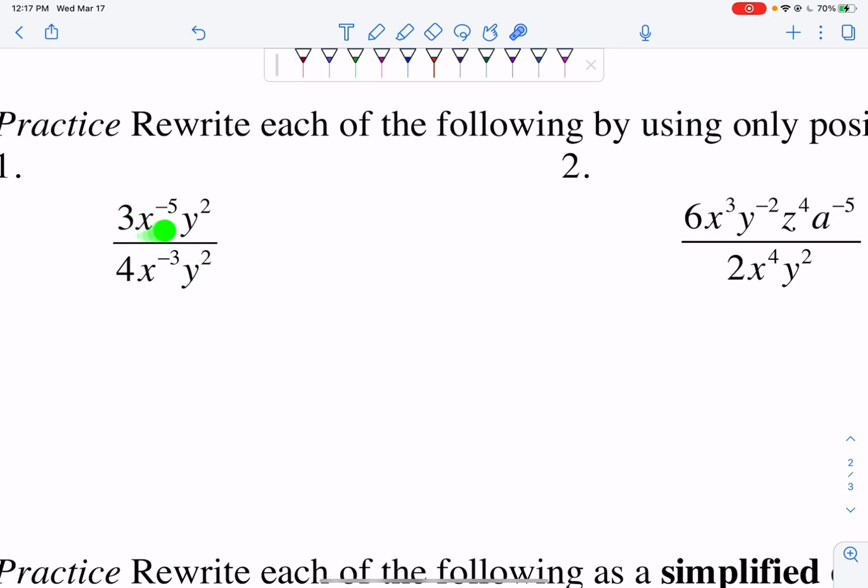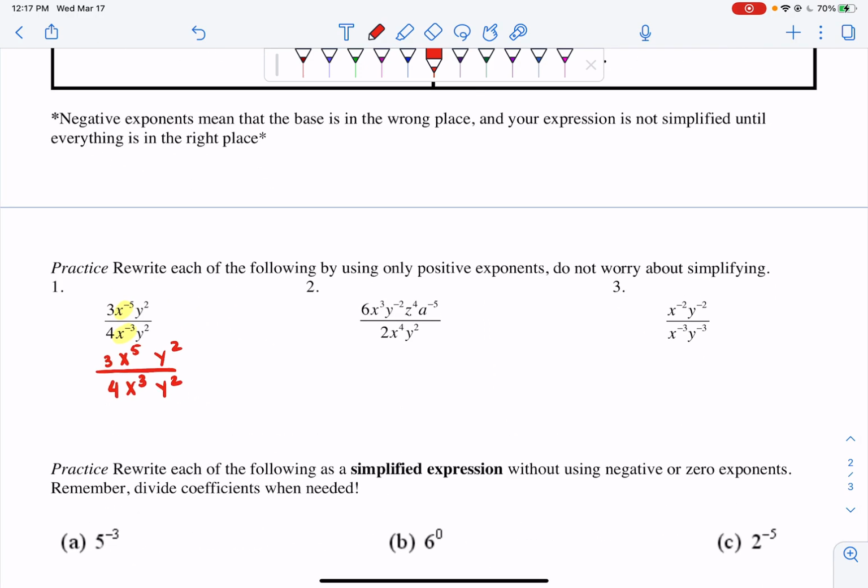These are my negative exponents, so I'm only moving my x's. I keep this the same, so I have my 3 over 4, but now I'm going to put my x to the negative 5 downstairs and my x to the negative 3 upstairs. And I'm going to keep my y squared. That's all we're doing right now. We're just moving.